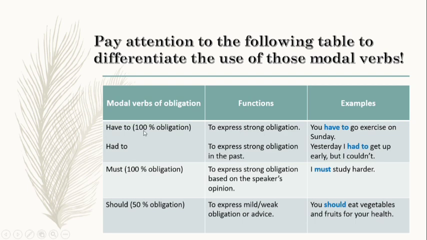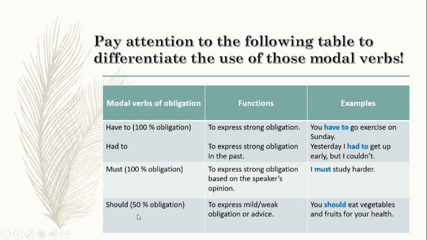And the last modal verb of obligation is should. Should here can be used to express obligation, but it's only 50% obligation because should indicates weak obligation. Should is commonly used to express advice in English.